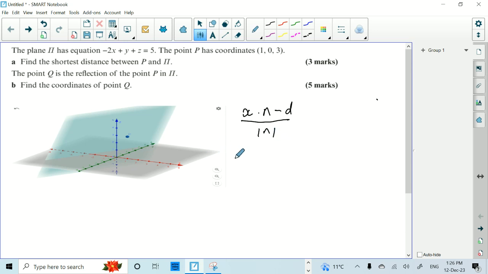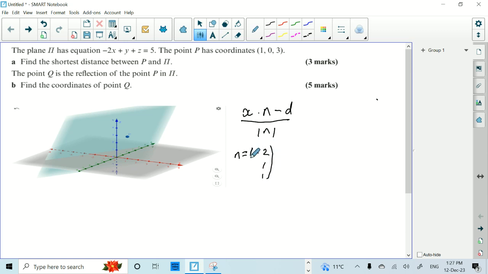And then you can write out what your value of n is, which is the coefficients of your equation, which is here, minus 2, 1, and 1. So n is equal to minus 2, 1, and 1.